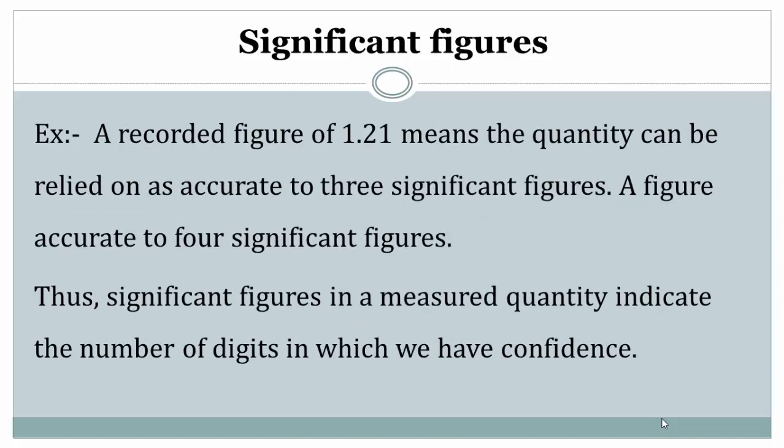Example, a figure 1.21 means the quantity can be relied on as accurate to 3 significant figures. Thus, significant figures in a measured quantity indicate the number of digits in which we have confidence, in which we are accurate to express.